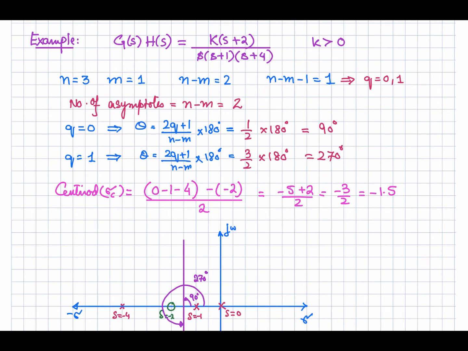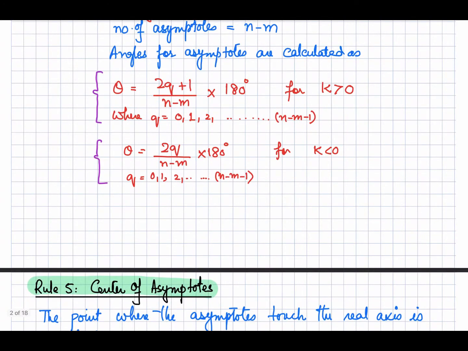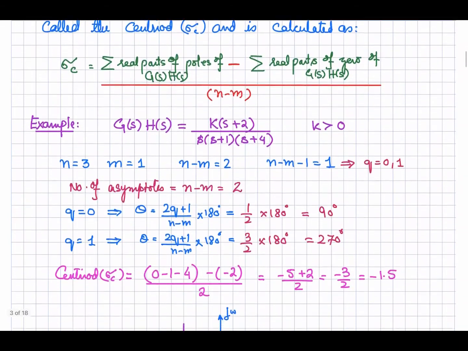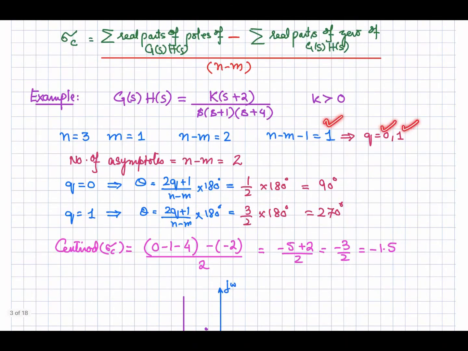So the value of q will be 0 and 1. As we have seen over here, the value of q varies from 0 to n minus m minus 1. So in this case, q will have the values 0 and 1. So it means there will be 2 asymptotes.